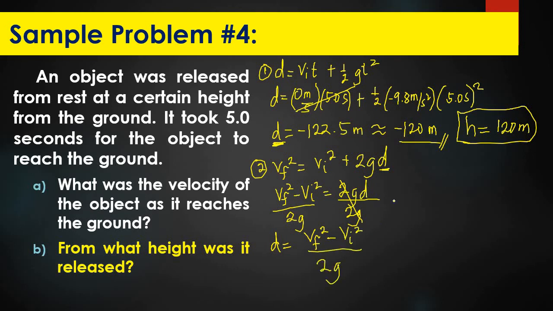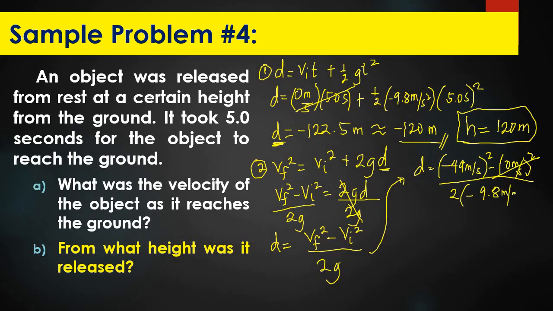So, i-substitute natin. Punta natin dito. D is equal to 49 meters per second squared minus Vi, 0 meter per second. So, cancel. All over 2, then negative 9.8 meters per second squared.